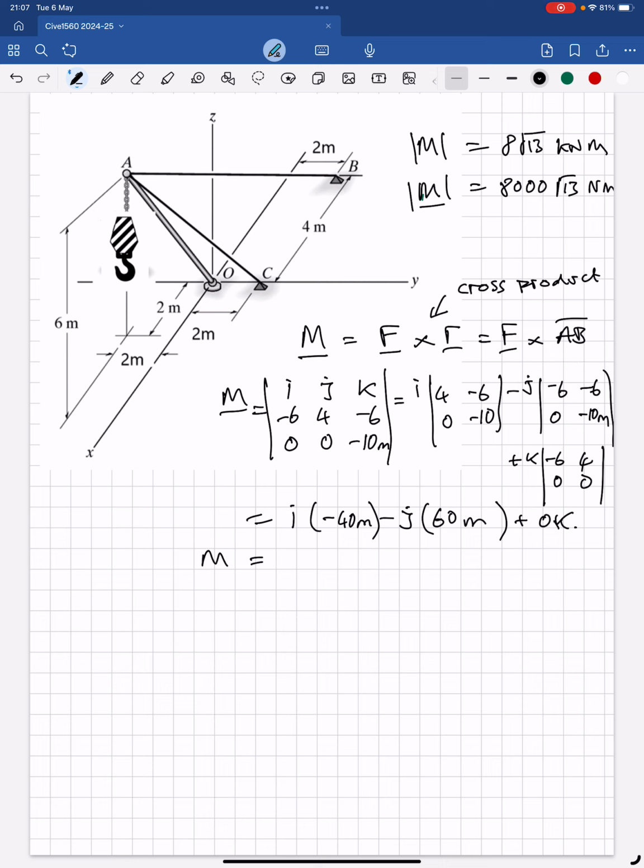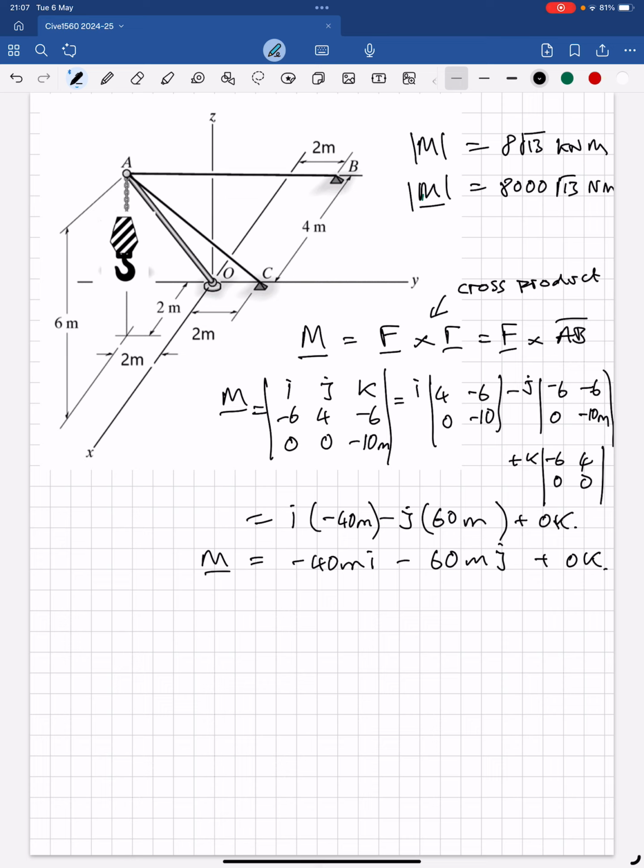So M equals minus 40m i minus 60m j plus 0k.